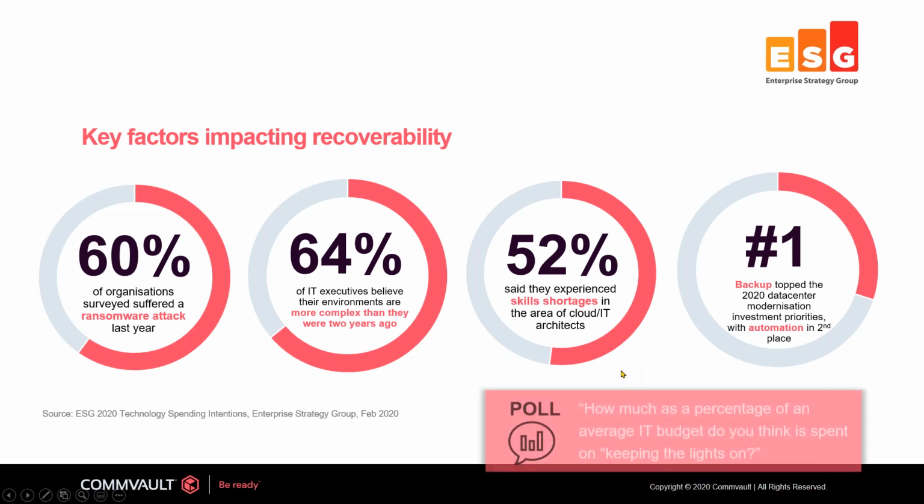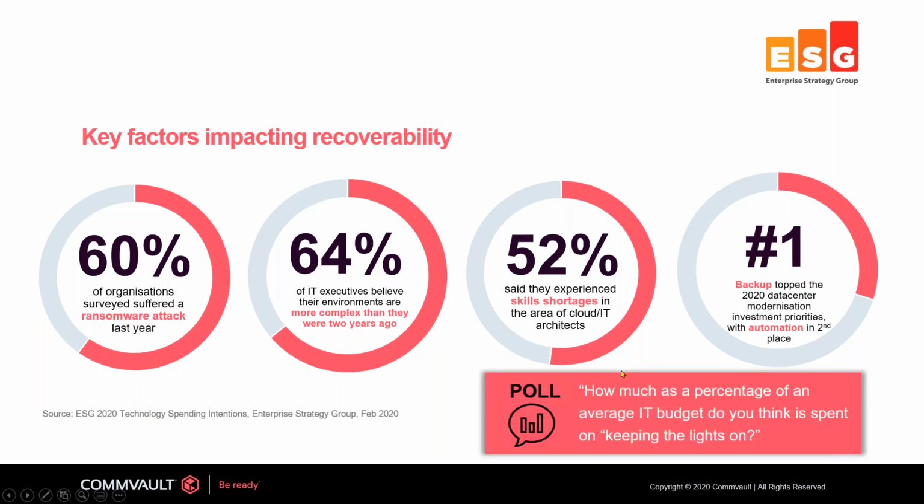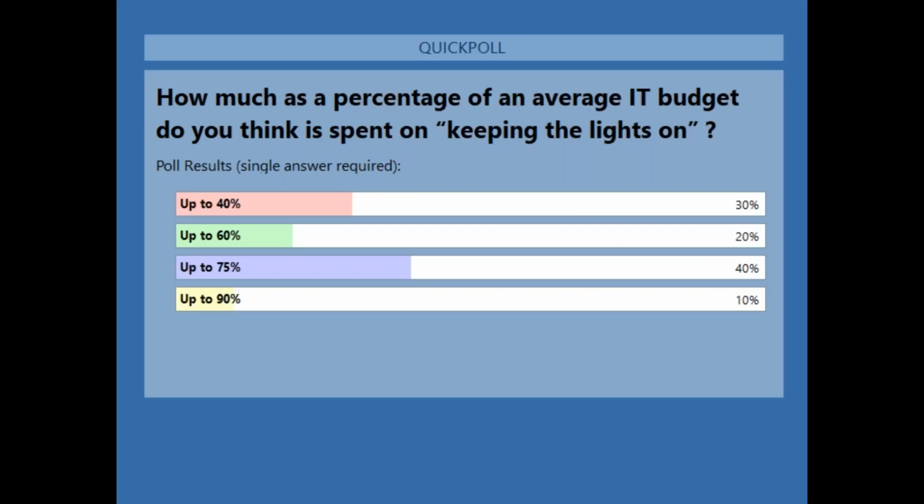So that takes us to the poll. So we've got quite a lot. 40% are suggesting it's up to 75%, which you would consider quite a lot of spend. But in fact, according to ESG, the answer is up to 90%.